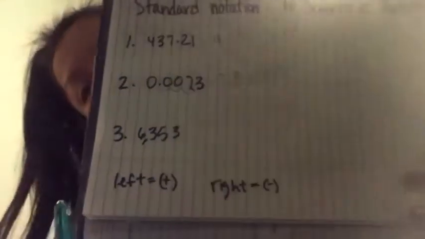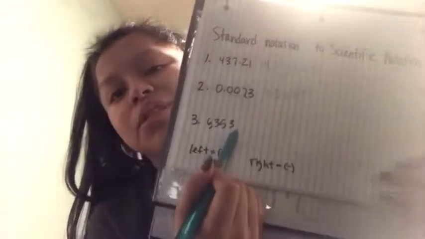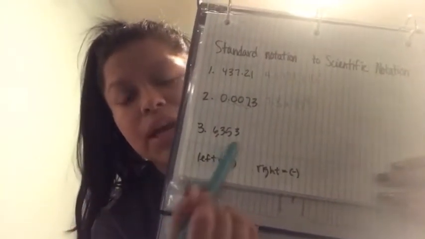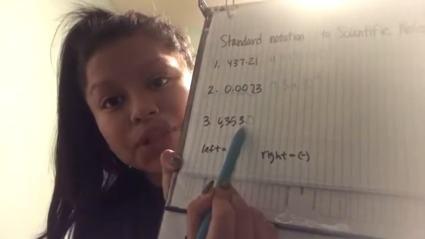Okay, third example is 6,353. Since that one doesn't have a decimal point, numbers usually have a decimal point at the end. So let's pretend there was a 0.0 at the end. So let's pretend there's a 0 right there, and so you can see the decimal point right there.